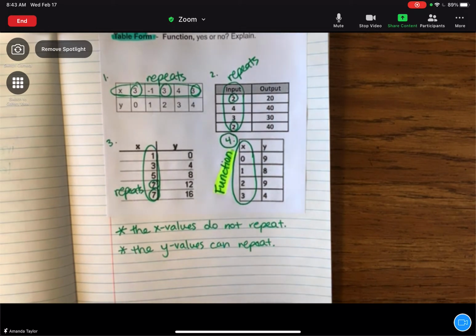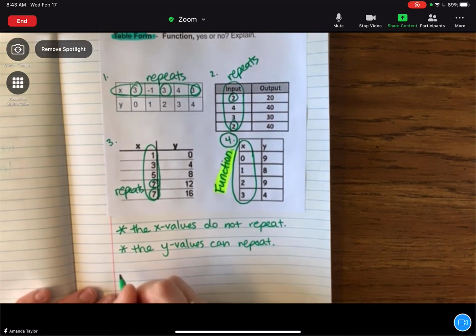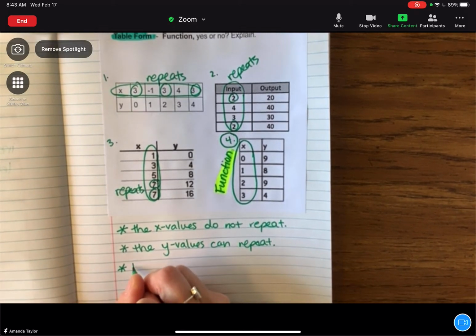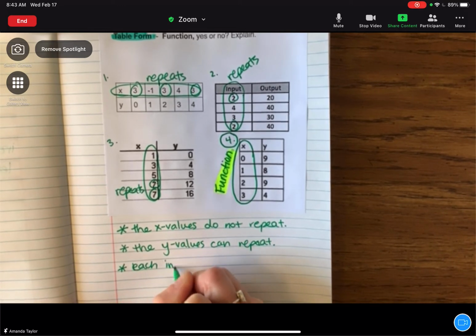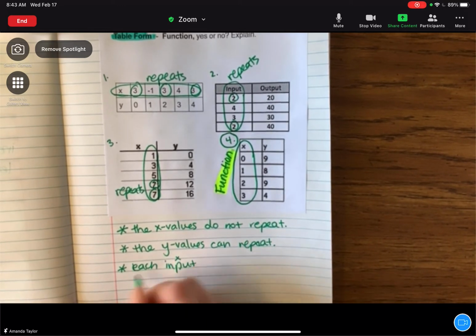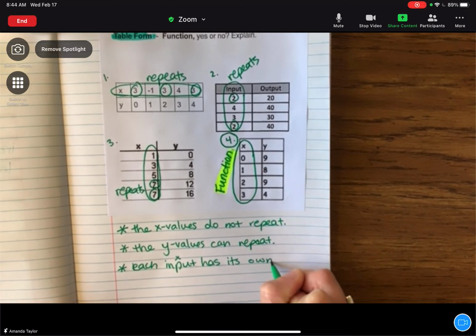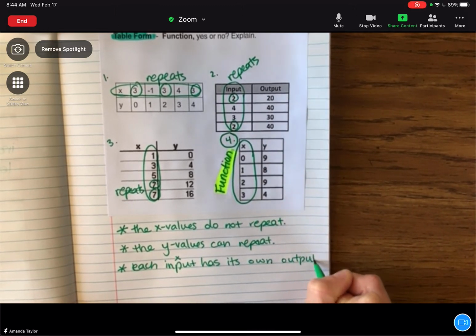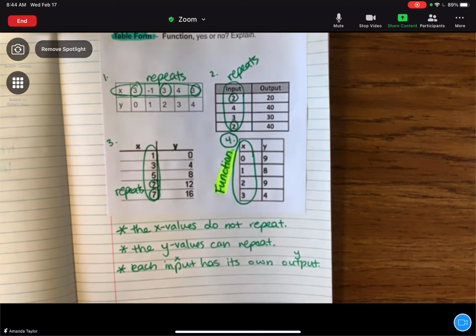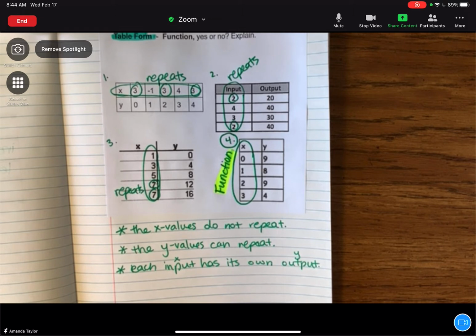Okay, there is a very fancy definition that you might see, which says each input, or x value, has its own output, or the y value. Meaning that each x value has its own single y value.